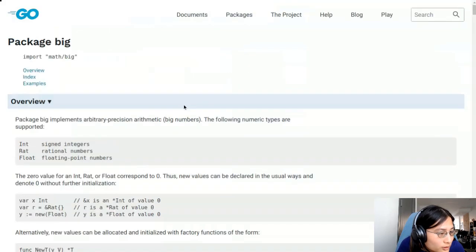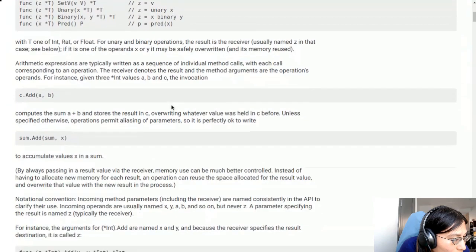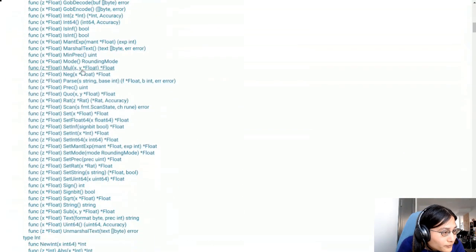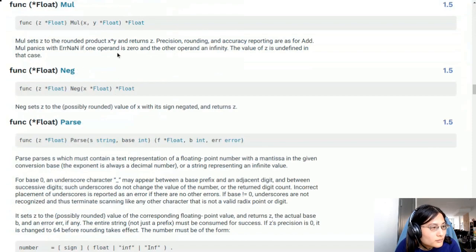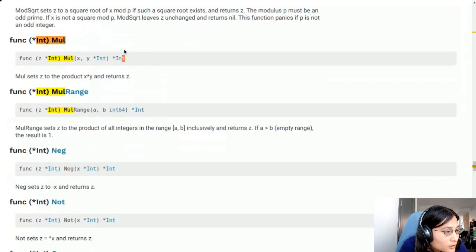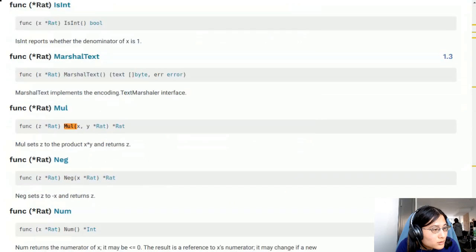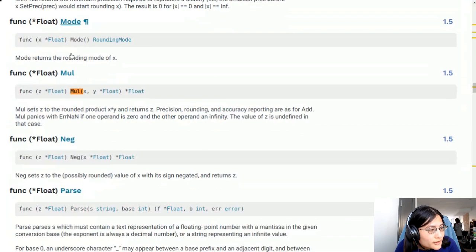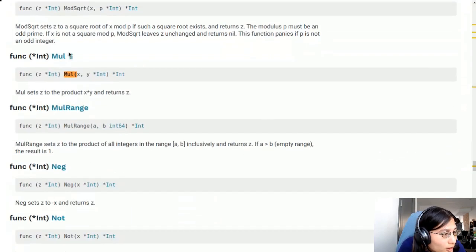So big math. Can I get an example of this, please?